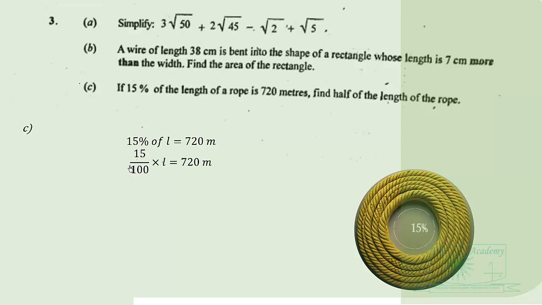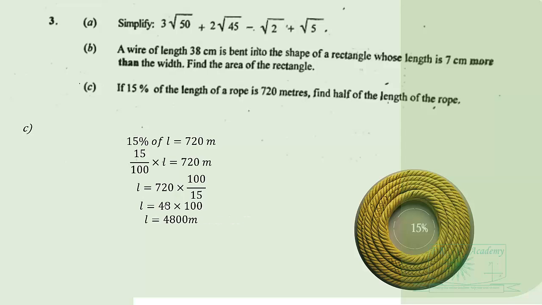So the actual length will be equal to 720 times 100 over 15. And that will give us 48 times 100, because 15 goes into 720 48 times.